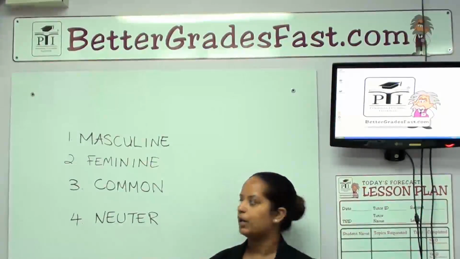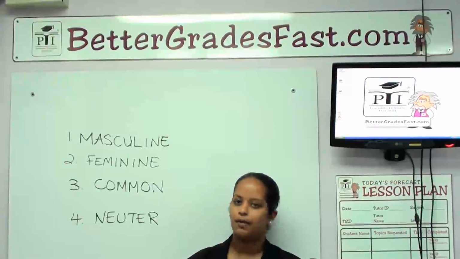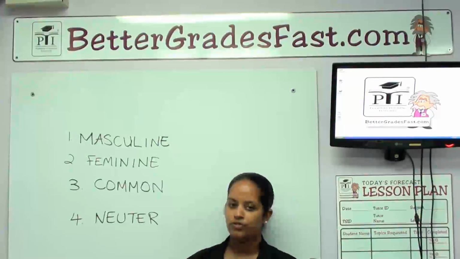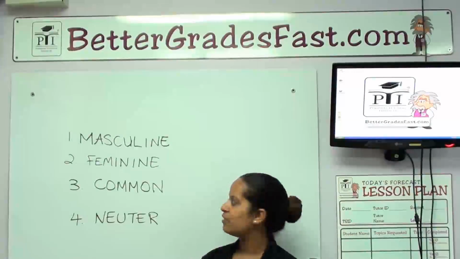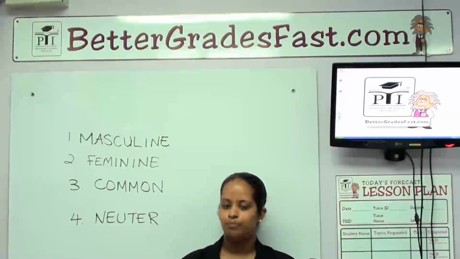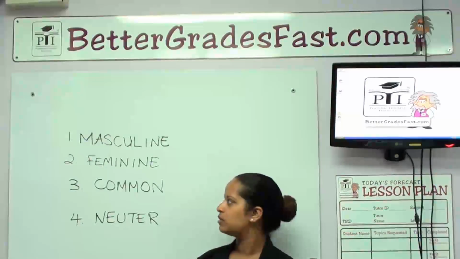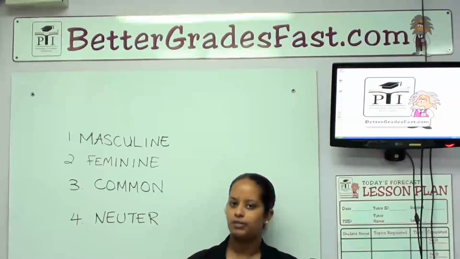Just a quick recap. The four main genders in English are the masculine, which refers to any male, animal, or person. Feminine, which talks about female, people, or animals. Common, which are words that do not tell you the exact gender of a person or animal.